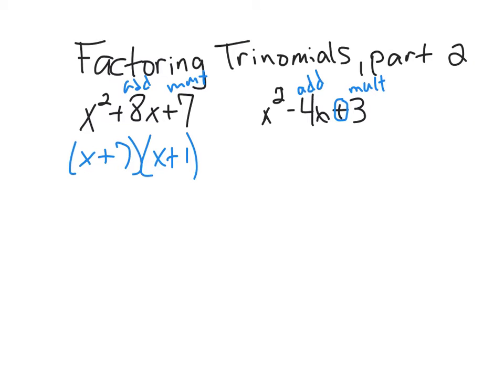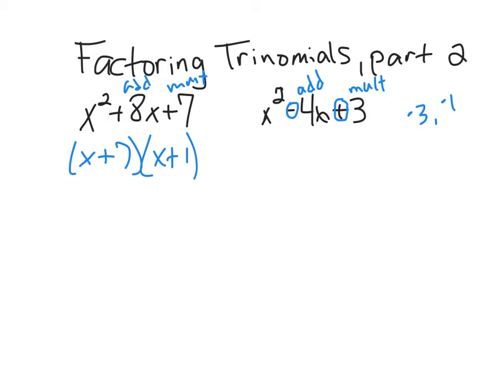I first might think, okay, that's 3 and 1, and I'm just going to write those over to the side. But notice that that's not just a 4, that's a negative 4, and I'm multiplying to get a positive number. That means my two numbers have to have the same sign. So the only way that can work is a negative 3 and a negative 1, because negative 3 plus negative 1 would be negative 4, and negative 3 times negative 1 would be positive 3.